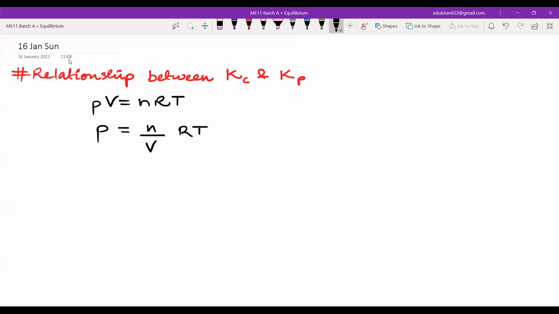And the number of moles divided by volume, if I talk about volume in liters, is equal to what? The molar concentration.